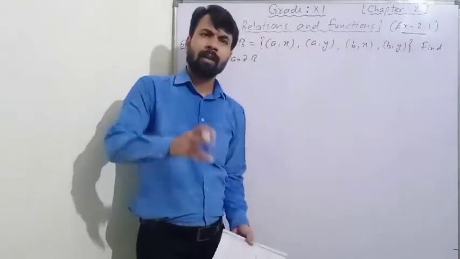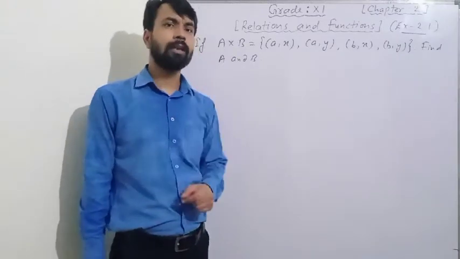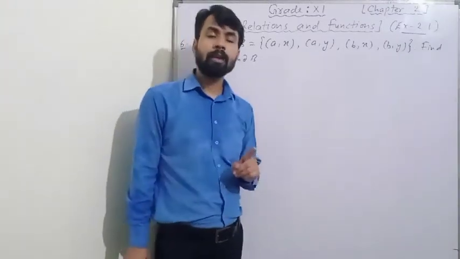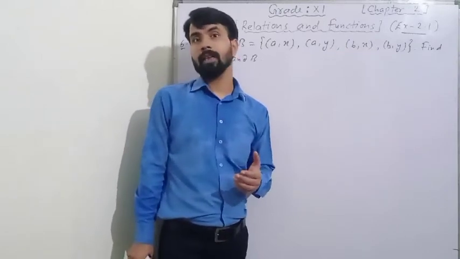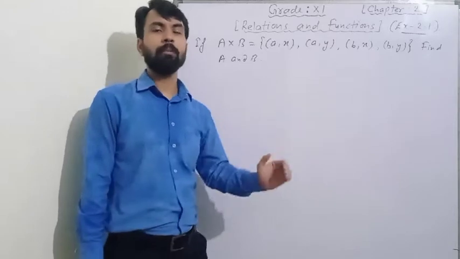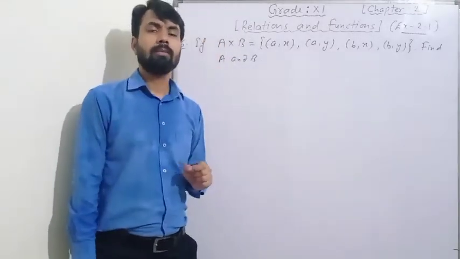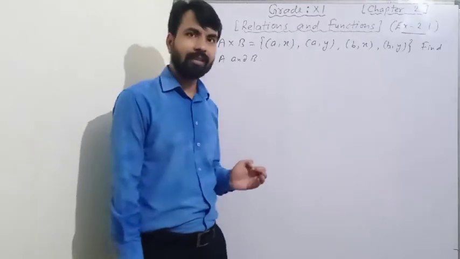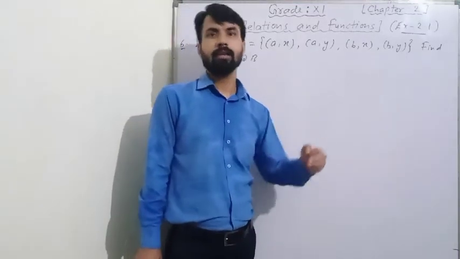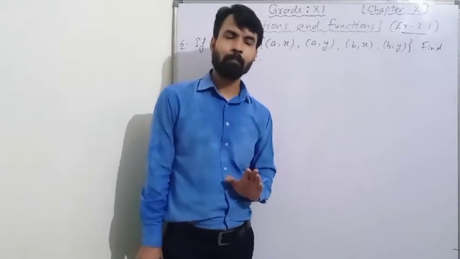Beta, I have explained the definition of the Cartesian product. The mathematical representation of the Cartesian product is P cross Q equals (a, b), where a belongs to P and b belongs to Q. Means the first element of every ordered pair represents the first set and the second element represents the second set. I have already explained this. Great.